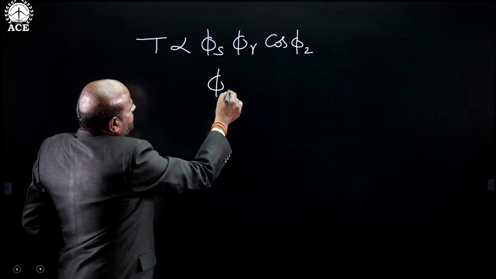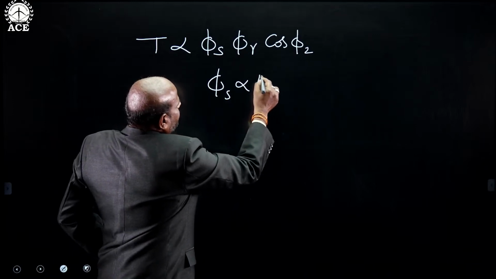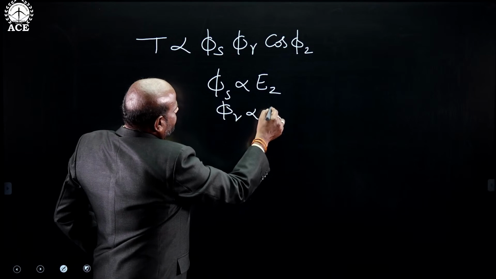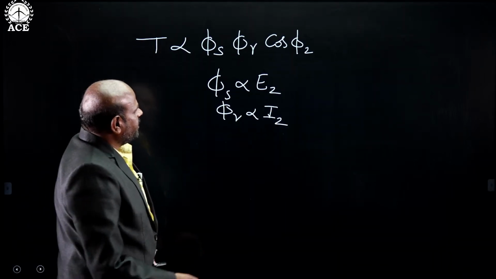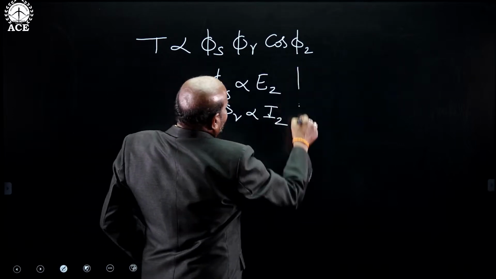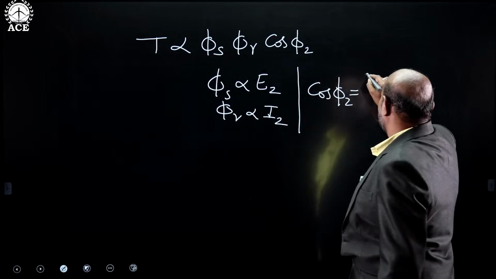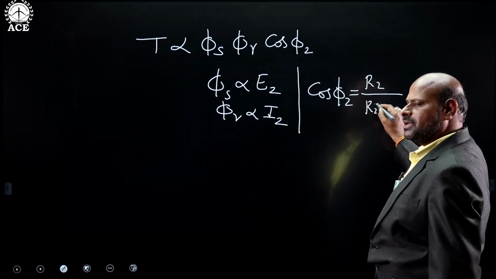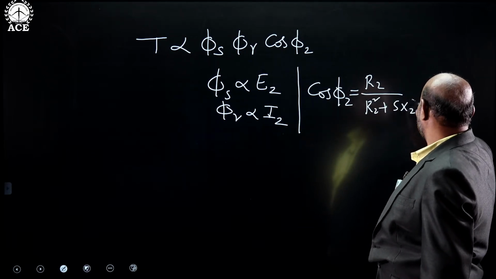The stator flux is directly proportional to the induced EMF in the rotor, and rotor flux is directly proportional to the current flowing in the rotor. And we know that power factor cos phi 2 is R2 by square root of R2 square plus (S X2) whole square.